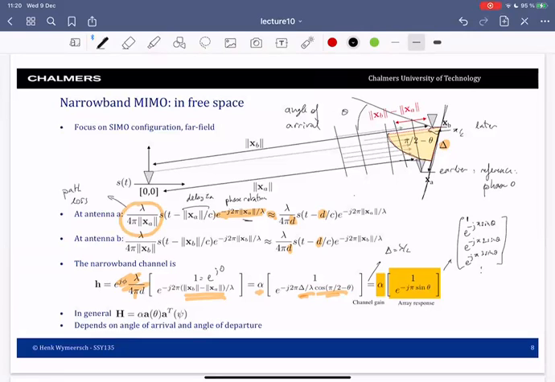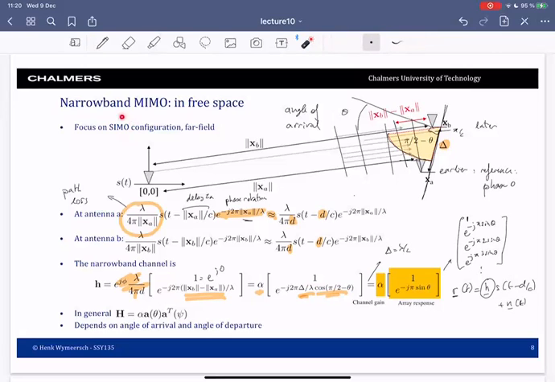And then I can write the received signal as given by h s of t minus d over c plus noise n of t. Right, so my channel is completely determined by this vector h.